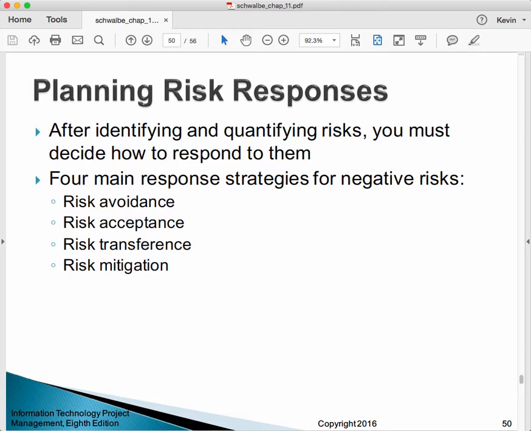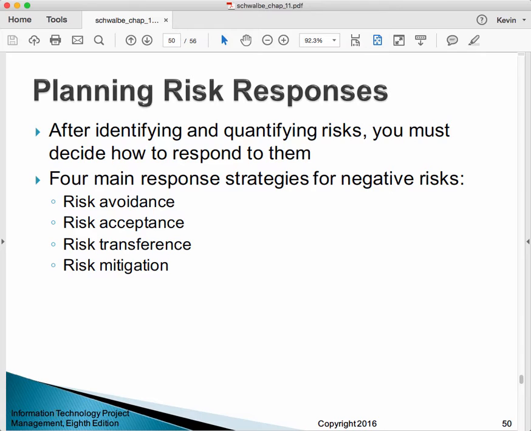The typical example of risk transference is when you buy insurance with a negative risk. Another example would be, if it's kind of like insurance, you create some kind of contract where some other organization is assuming that risk. Okay, it's not insurance per se, but it acts like insurance.